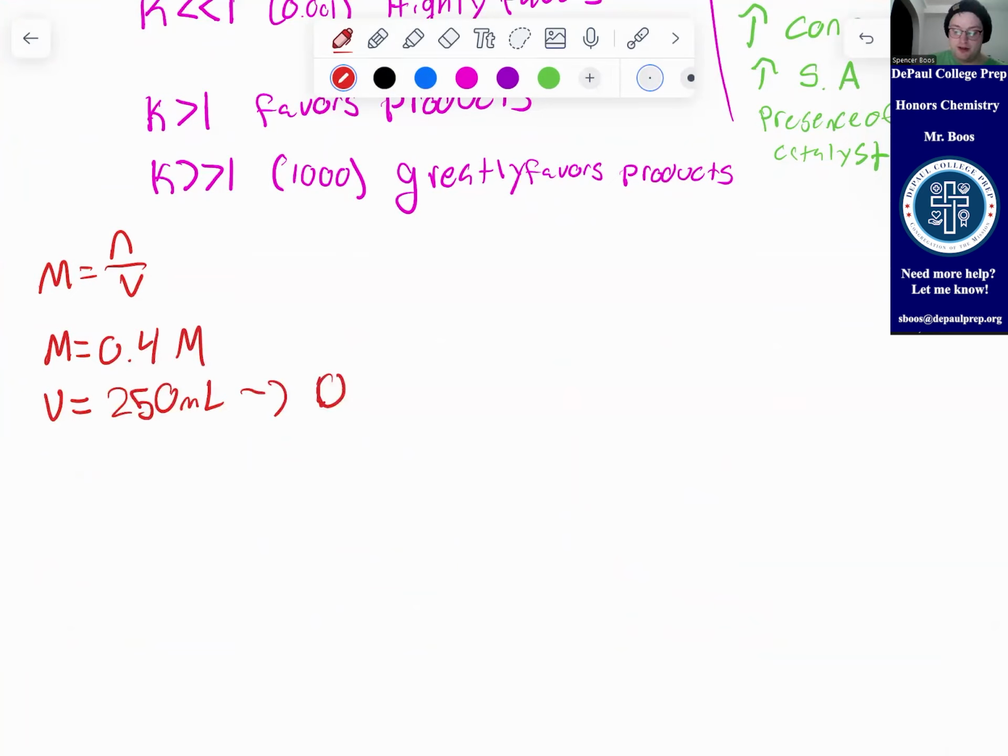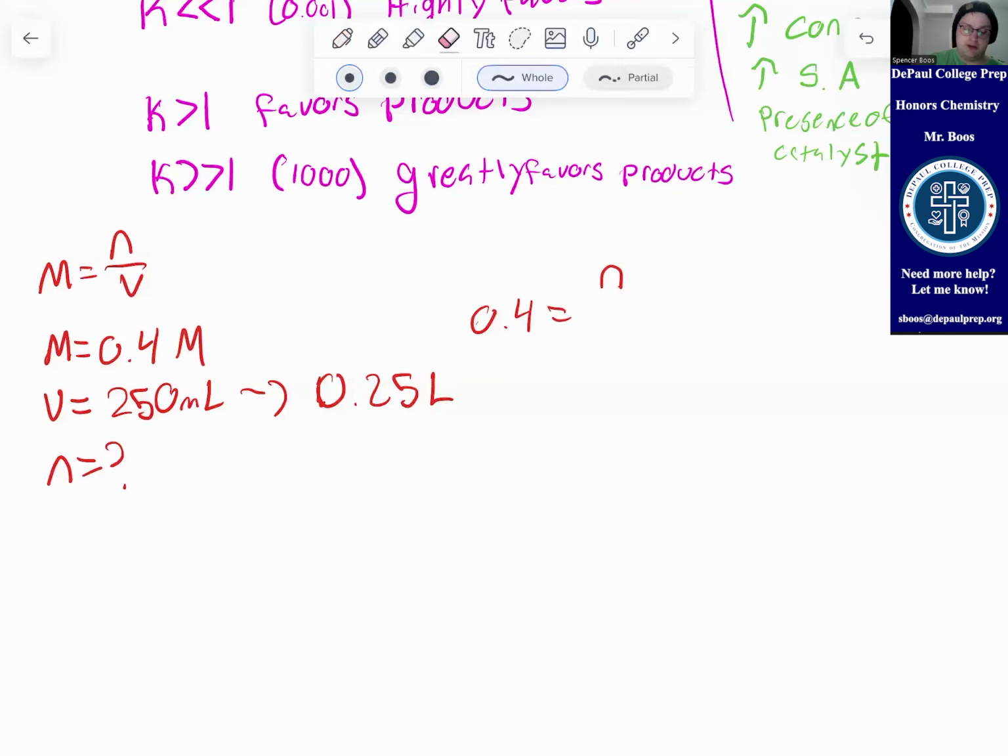So 0.25 liters. n, of course, unknown. All right. So 0.4 is equal to n over 0.25 liters.